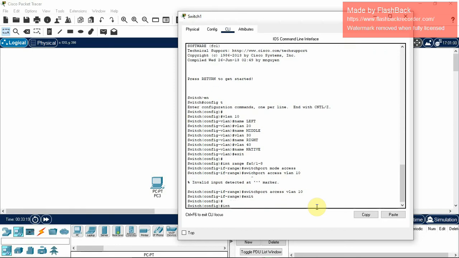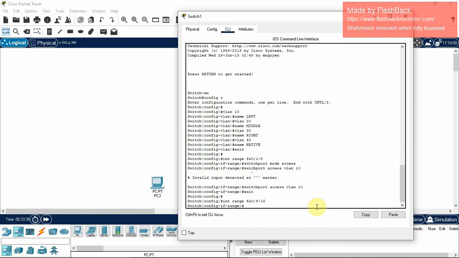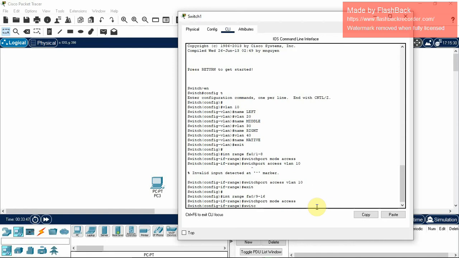So the interface range, this one is going to be FastEthernet starting from 9 and ending with 16. Switchport mode access, and then switchport access. This one is for VLAN 20.